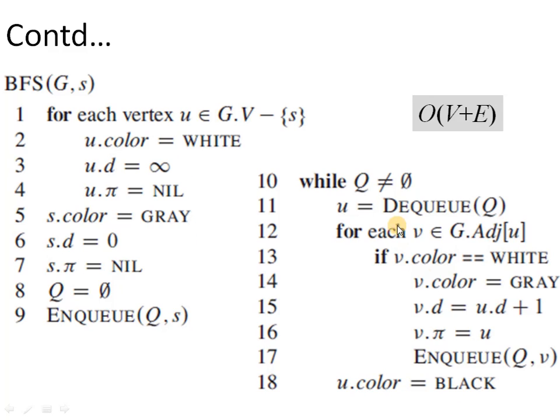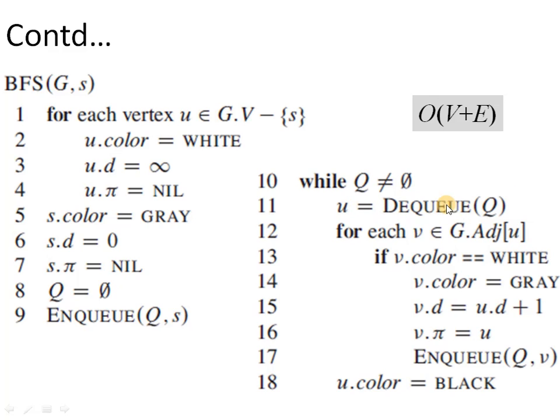As far as the complexity of this algorithm is concerned, all these things, that is line number 1 to line number 9, are constant time operations, and we also know how many times NQ will be done. It will be done for each and every vertex, and that too only once. So if we look at the complexity of this while loop, it is executing the DQ operation.